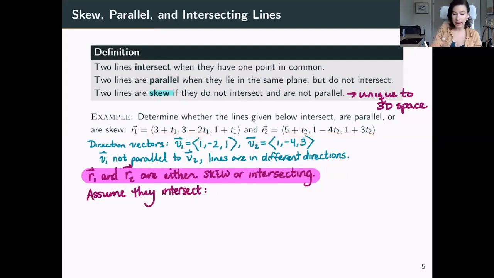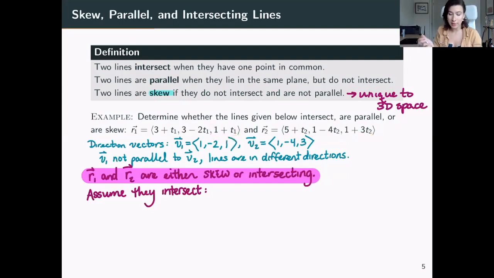So I'll be able to find a T1 and a T2 so that these two components are the same. I would find a T1 and a T2 so that these components are the same. And for that same T1 and T2, my Z components would have to be the same. And we can write that down.